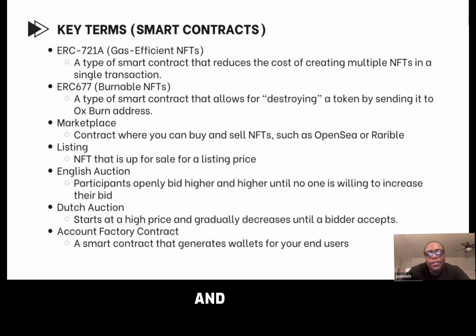You can hold out and see if it drops to a certain price. But in an English auction, it's more of a bidding war over who's going to bid the highest. You can set up these two auction types, and we're going to have English auction be an option. And finally, Account Factory is a smart contract that allows you to generate wallets for your end users.